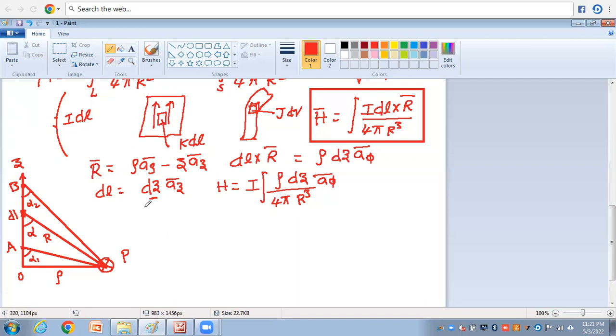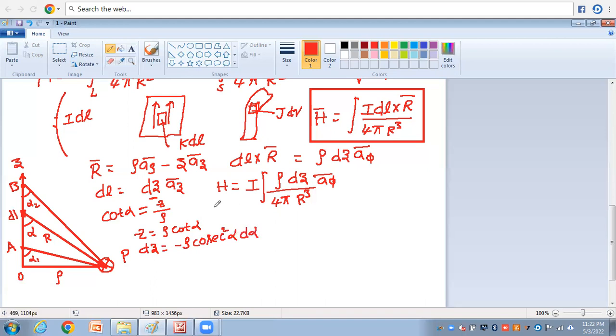So I will check it about cot alpha. Cot alpha equal to z by rho. Then finally z equal to rho cot alpha. Doing differentiation on both sides, dz equal to minus rho into cosecant square alpha with respect to d alpha.